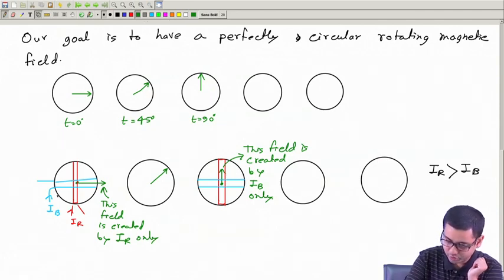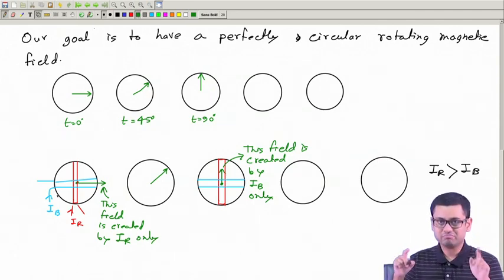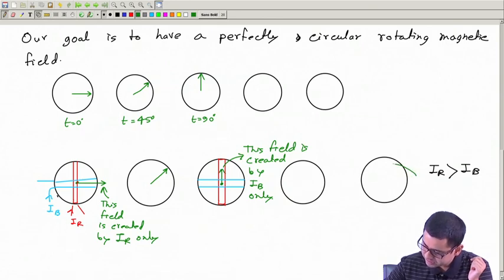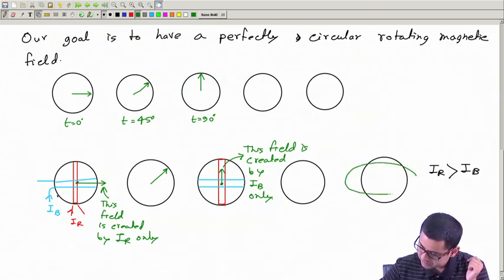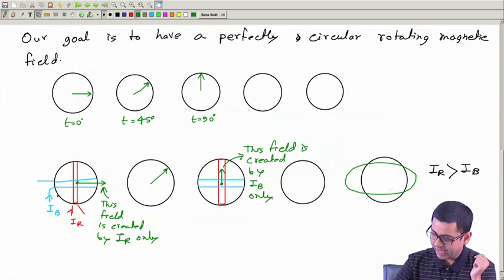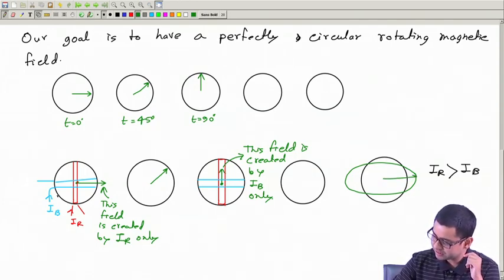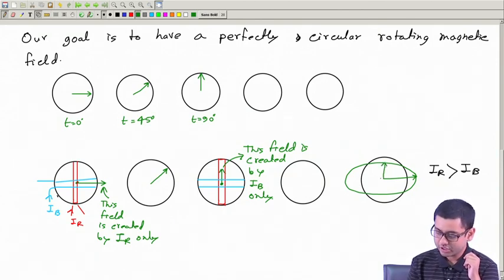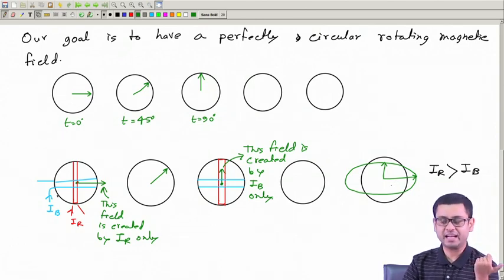So this motion we can possibly draw as an ellipse like this, and this means when the field is here it is stronger, and when the field is here it is weaker. Okay, so then the field is elliptically rotating.